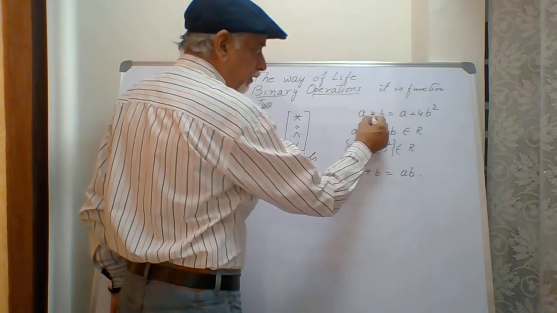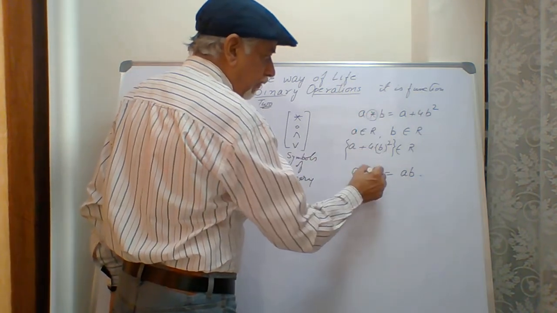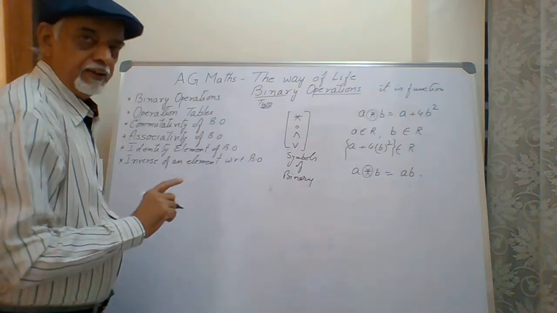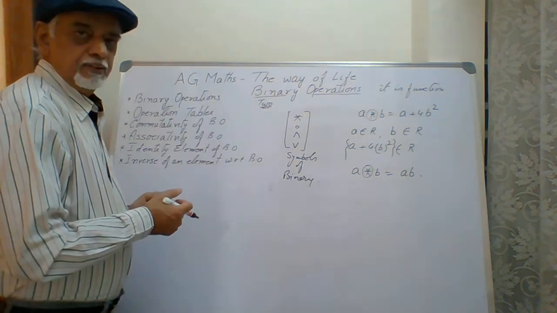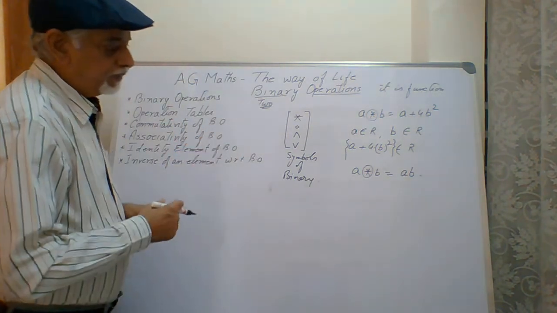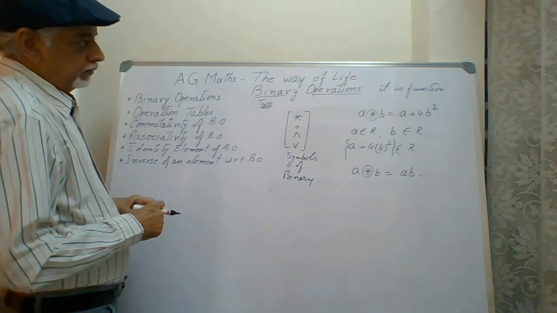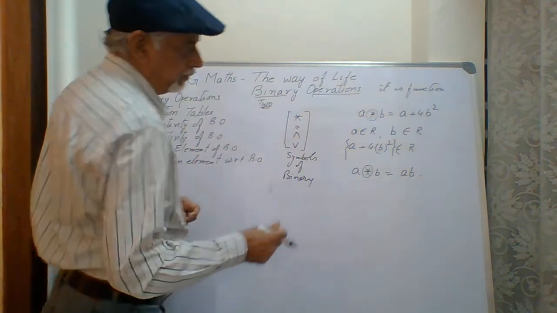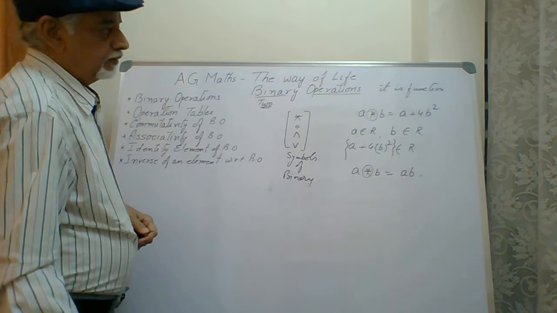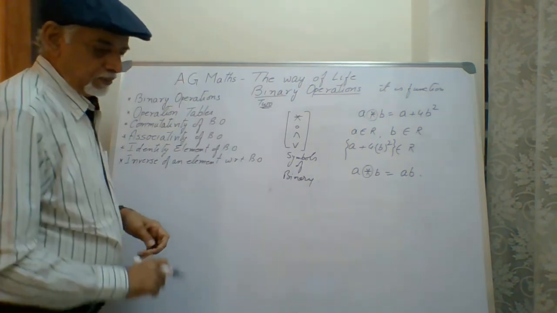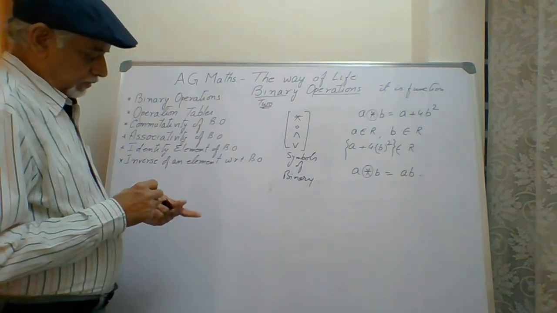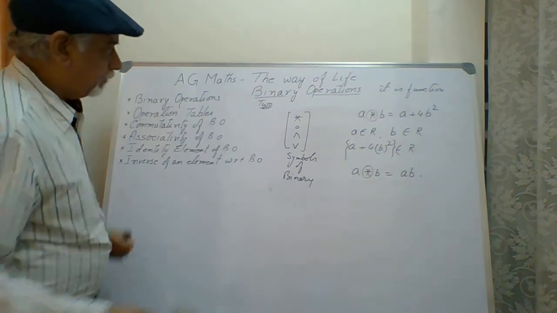So this symbol which I am using here, calling it binary, can have different meanings for different types of problems which I am discussing now. It can also be applied to sets. It can also be applied to different types of sets of problems.